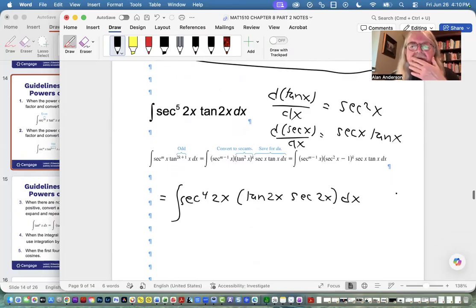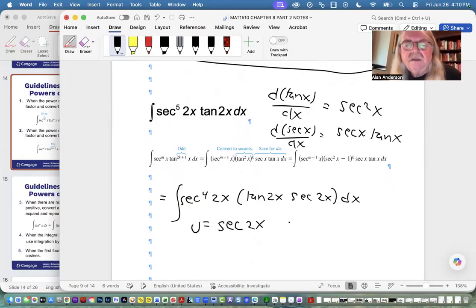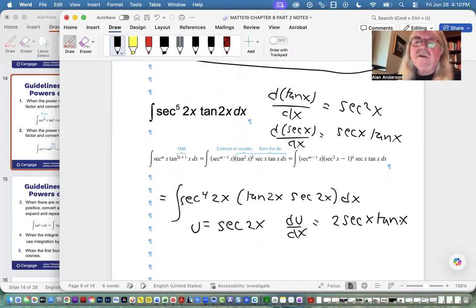Maybe we're in pretty good shape after all, because I think I see what we're going to do. If you let u be secant 2x, yeah, I think we're good.